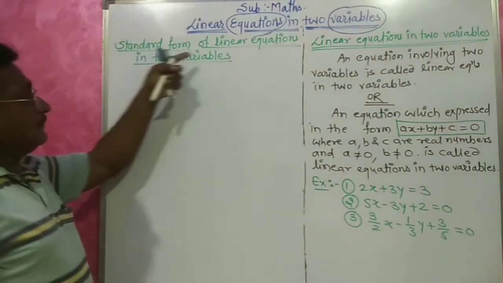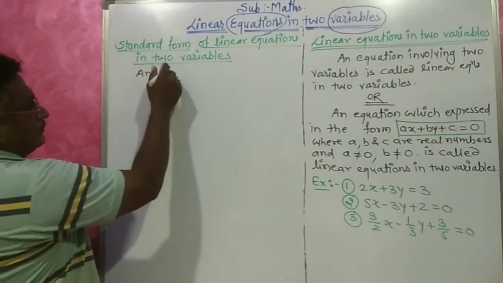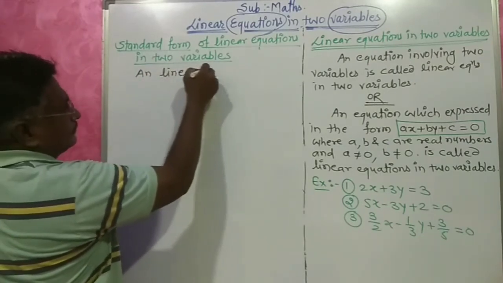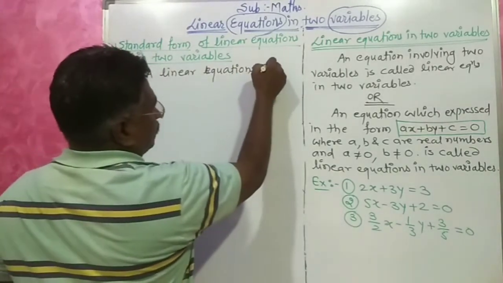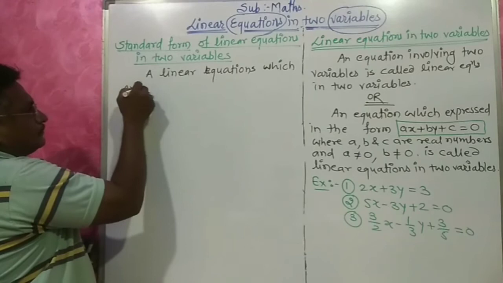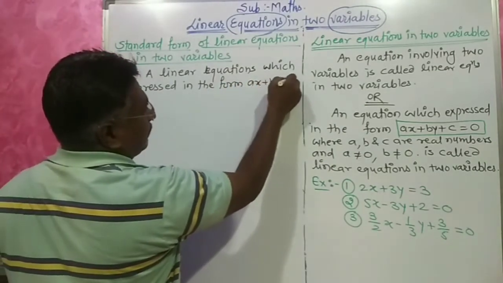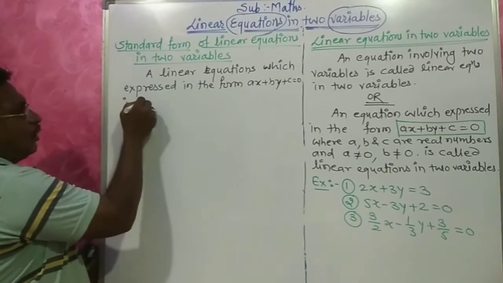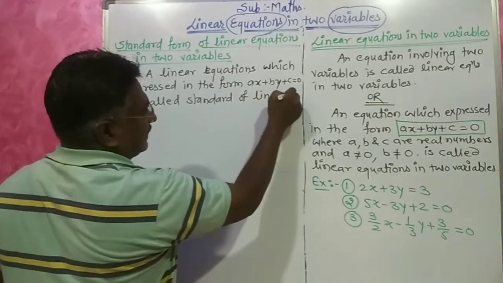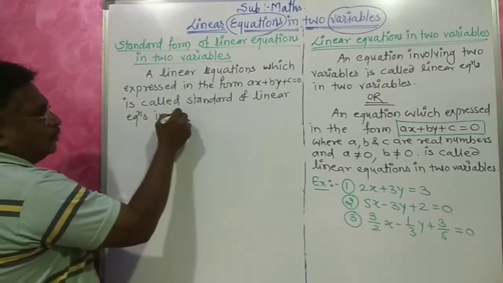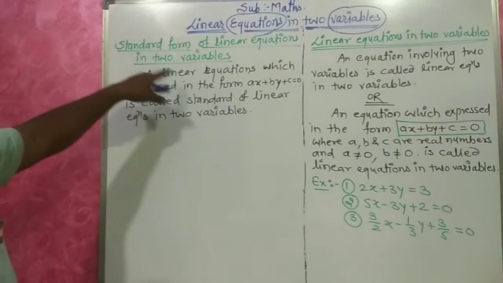A linear equation which is expressed in the form ax + by + c = 0 is called standard form of linear equations in two variables.